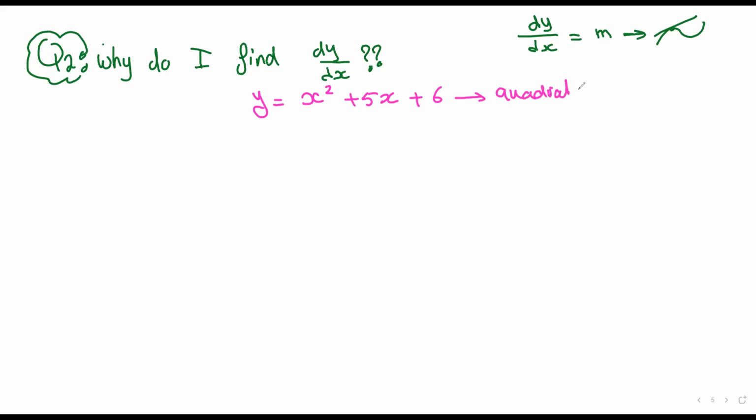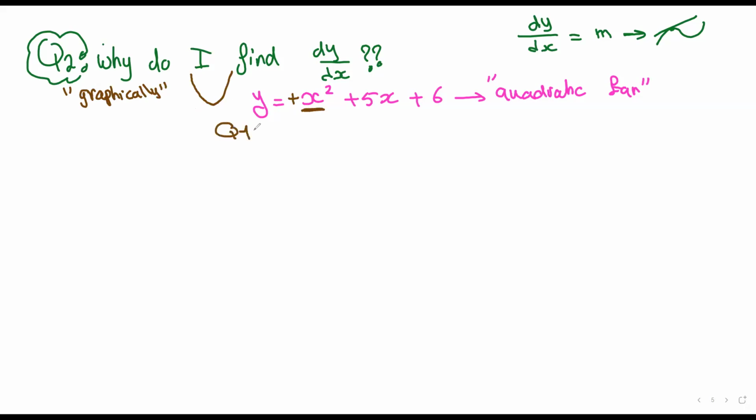According to the topic of graphs and the topic of completing the square, any quadratic equation which has a maximum power of 2, if I wish to represent it graphically, I will get a U shape. This U shape will be either open up or open down. If you remember, this will be open up because the coefficient of x power 2 is positive. Let's see the related questions.